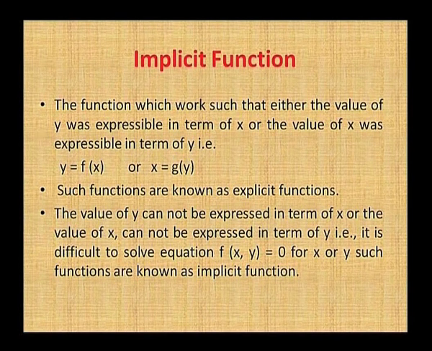Such functions are known as explicit functions. If the value of y cannot be expressed in terms of x, or the value of x cannot be expressed in terms of y, that is, it is difficult to solve the equation f of x y equals 0 for x or y, such functions are known as implicit functions.